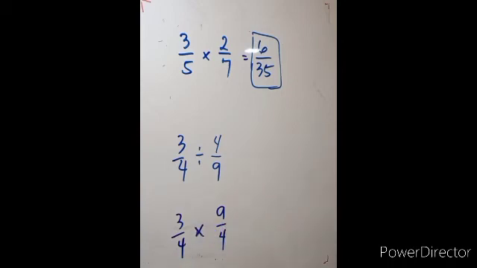At ang rule natin sa multiplication is to multiply numerator by numerator and denominator by denominator. So 3 times 9, that is equal to 27. 4 times 4, that is equal to 16. And that is how you are going to multiply and divide fractions.